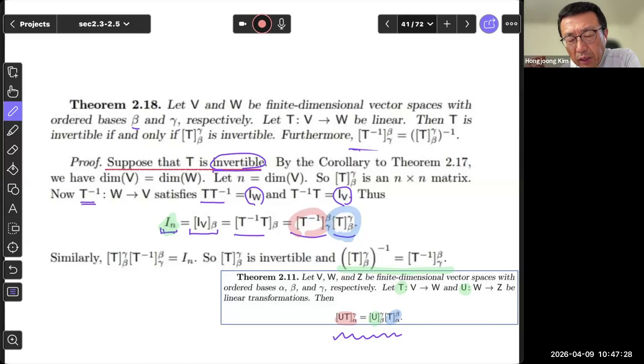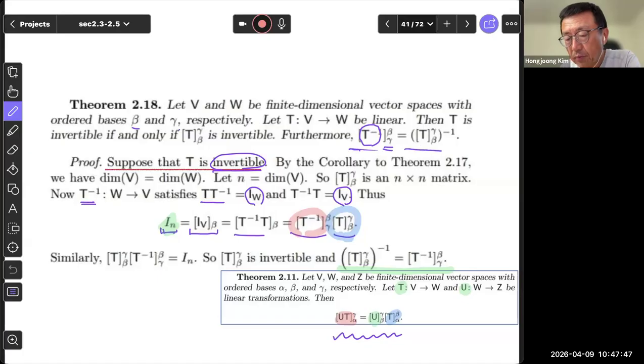Now, if I know that trick, then I can easily identify the matrix representing the inverse operation, right?